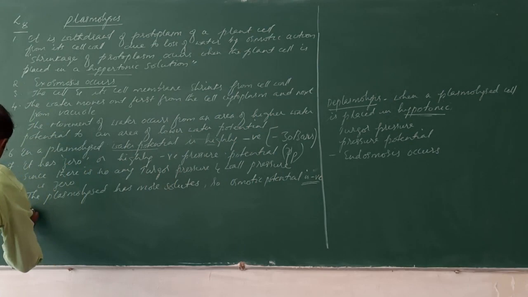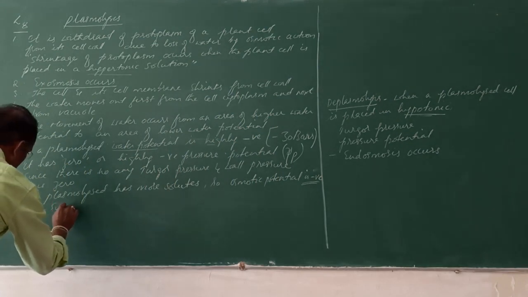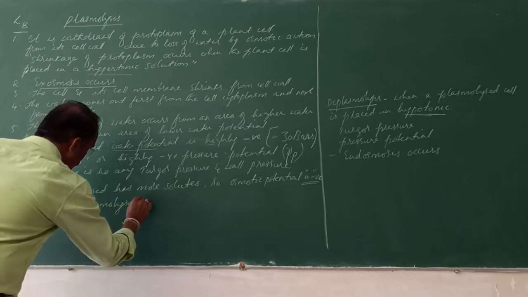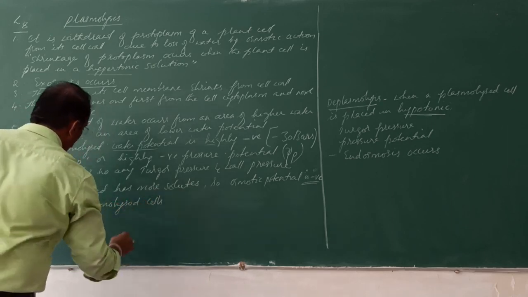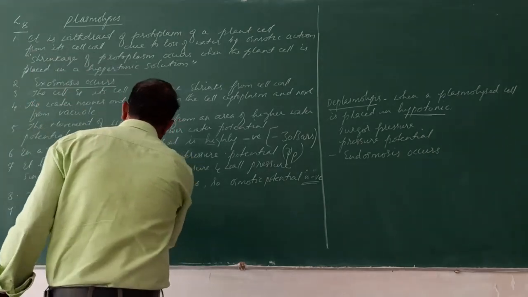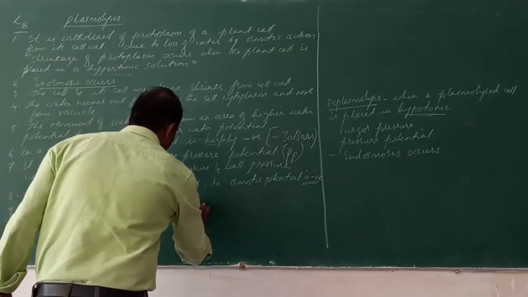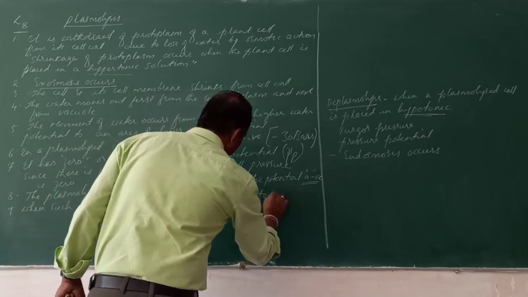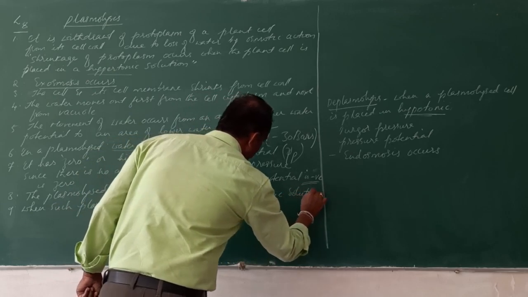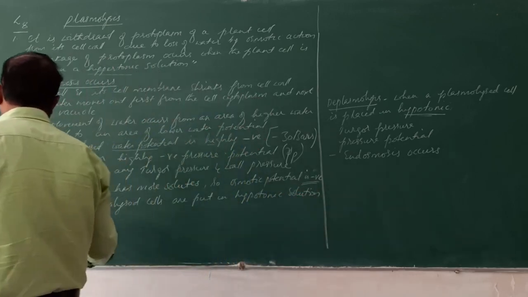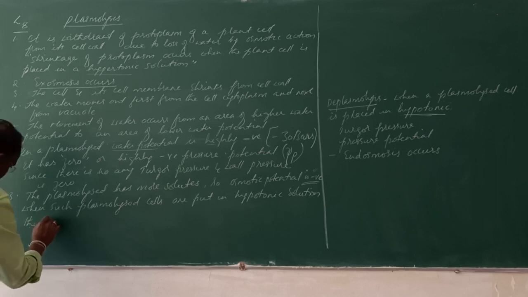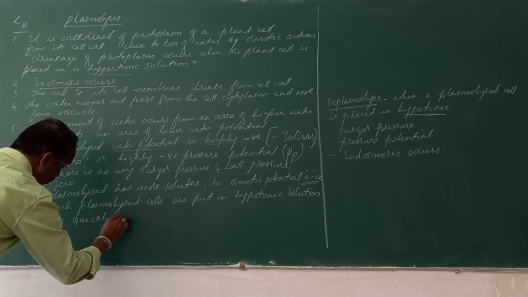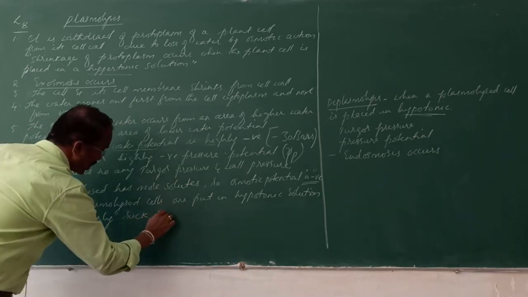Understand? See how many pressures there are. When such plasmolyzed cells are put in hypotonic solution, the cells quickly suck the water.